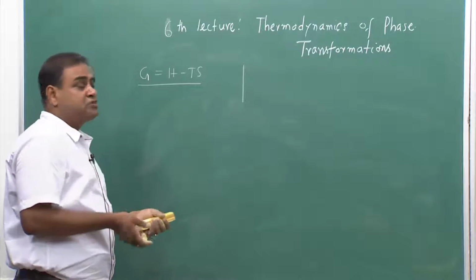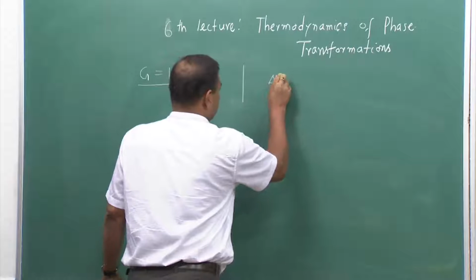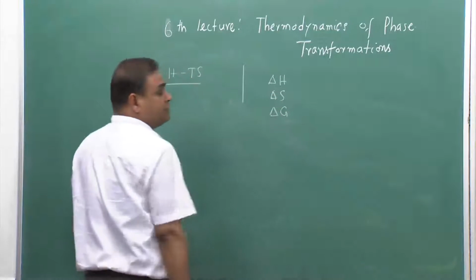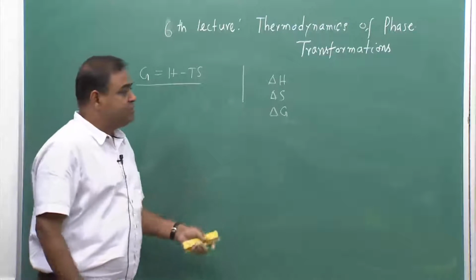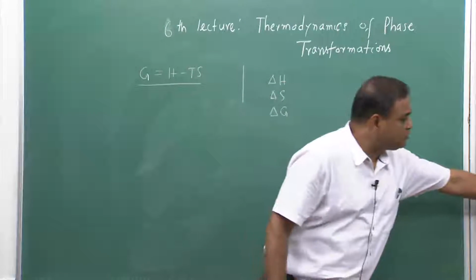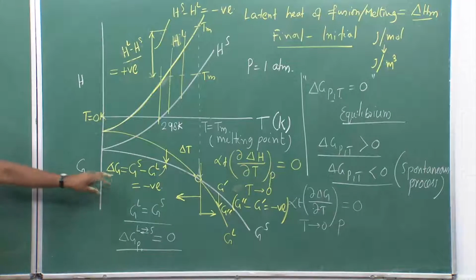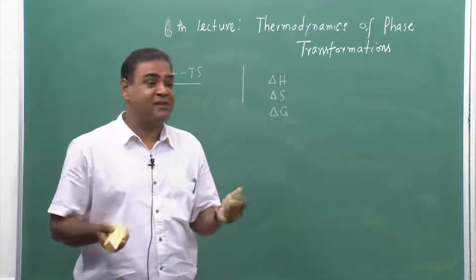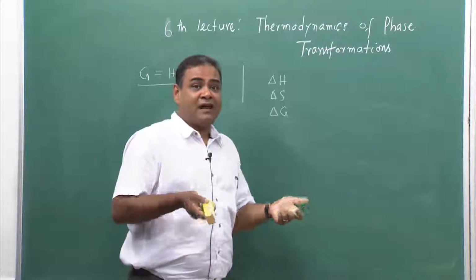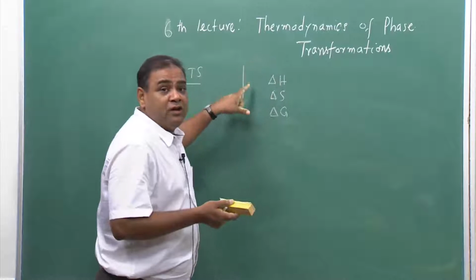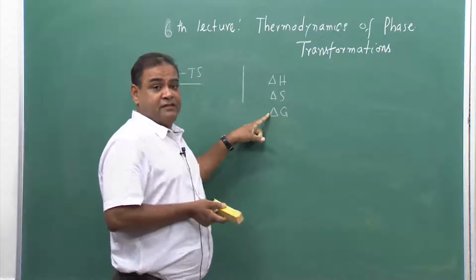So we find out changes in values, either del H, del S or del G. And we are not bothered about finding G S or G L; we are bothered about finding del G. Now, why would this del G be required? First we should understand why it is required, then we should crack our mind to see how we can quantify this.